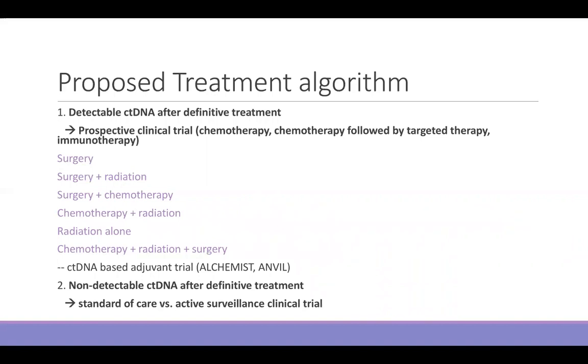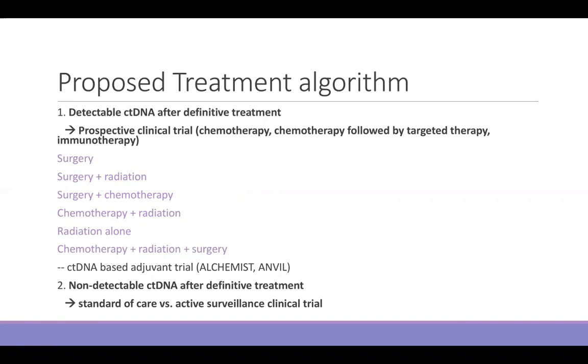And really, for detectable ctDNA after definitive treatment, what do we have to do? We need to come up with a guideline. And if it's non-detectable, should we skip adjuvant chemotherapy? That's a $1 million question. And that requires a clinical trial to validate that concept.